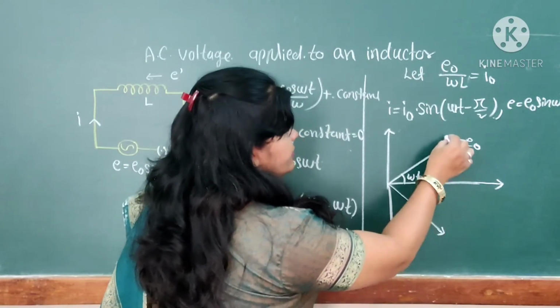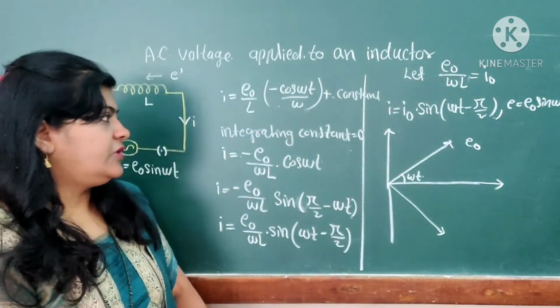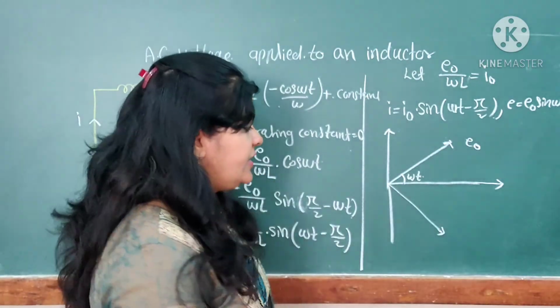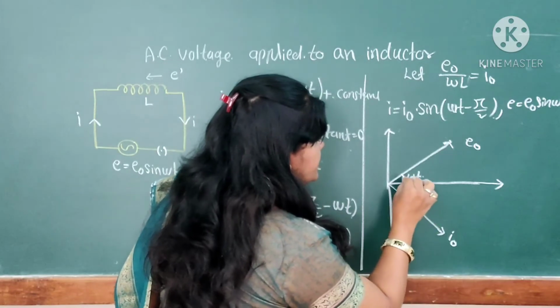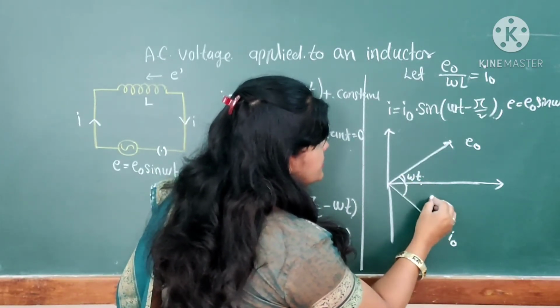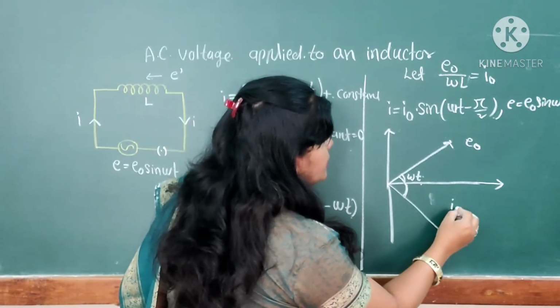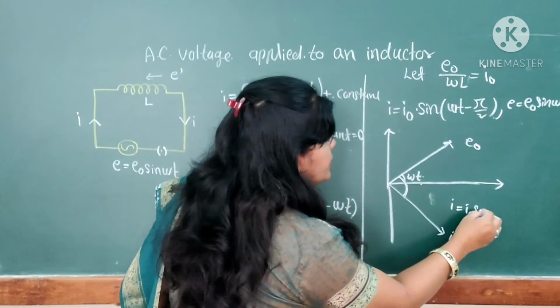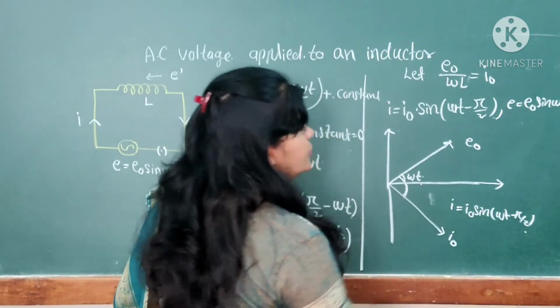This angle, the difference between the current and the EMF, is pi by 2. That's why I naught is here, and it gives us I is equal to I naught sine omega t minus pi by 2.